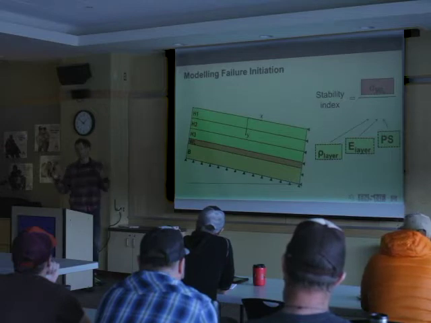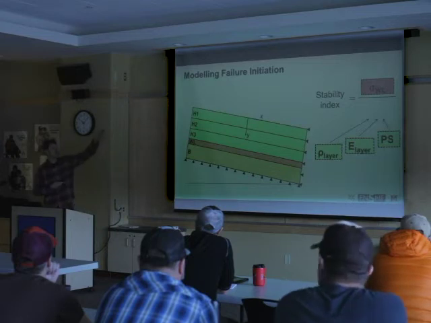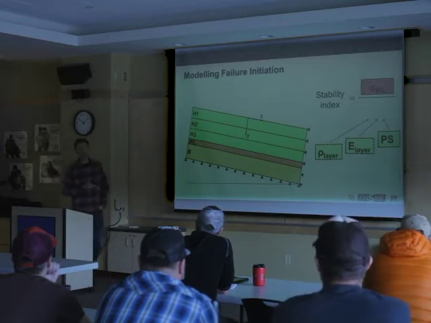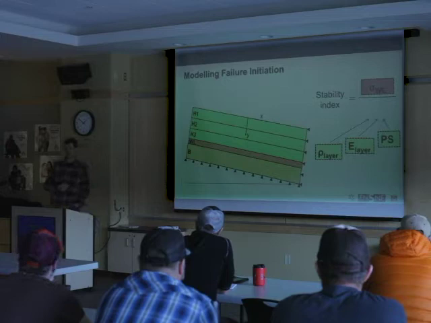The classical stability index, where you have a strength, in this case the strength of the weak layer, color red, and you want to compare it to the stress that this weak layer feels when a skier is on top.